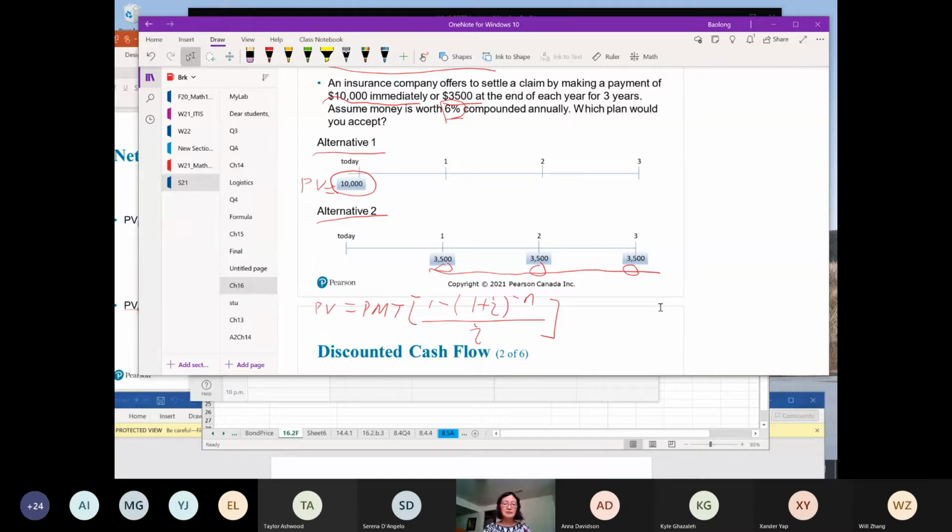If you use calculator, try to pull out my calculator. Not sure.